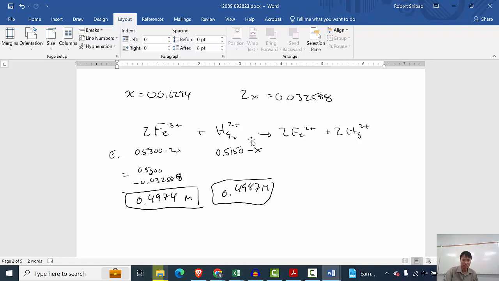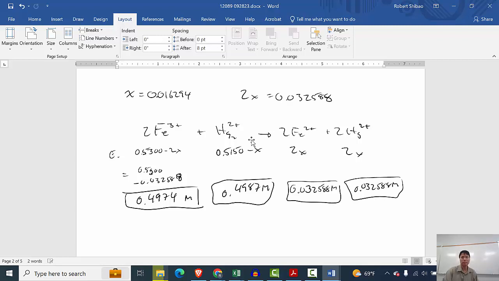I could go more if I'm really worried. This is going to be 2x. This is going to be 2x. And so both of these are going to be 0.032588 molar. So now let's double check the K.